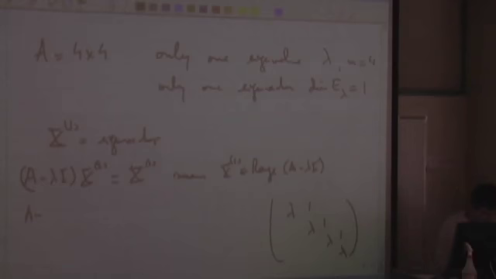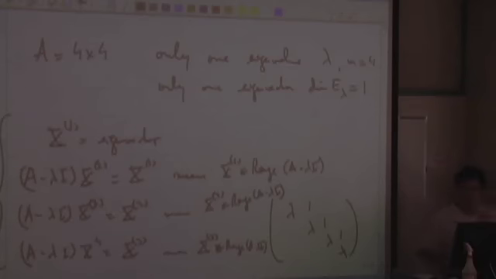Then with x2 you have to do the same. It means x2, which was found in the previous step, is in the range. And finally, you have to show that x3 is also in the range.